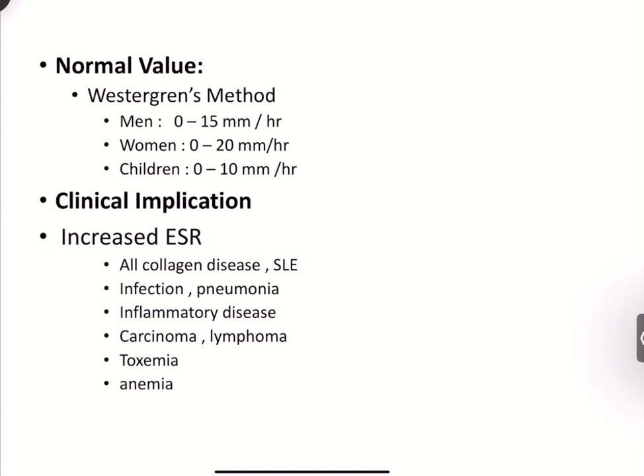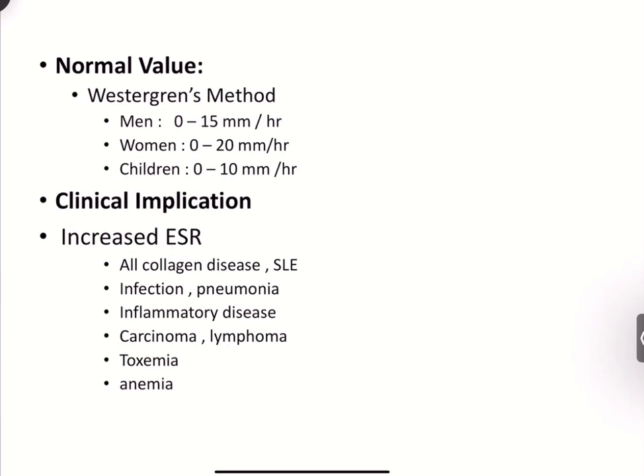Now, the implications. Increased ESR can be seen in collagen diseases, like SLE, or systemic lupus erythematosus. Such disease can increase your ESR because of hemolysis, because autoimmune diseases possibly attack some of your cells. Infection, for example pneumonia, can increase ESR.